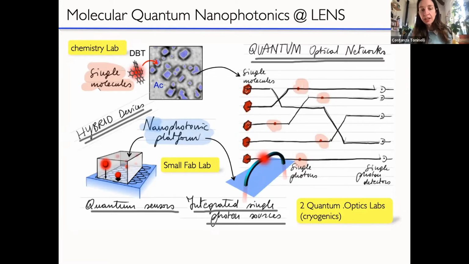The advantage there is that you can use, in the end, one photon of the pair to herald the presence of the twin photon in the other part of the pair. However, since the photon statistics is still Poissonian, if you want to get just one photon per pulse, you have to decrease the overall fluence, so the intensity of this beam, to a level that implies that the probability of getting one photon is of the order of 10 to the minus 4.